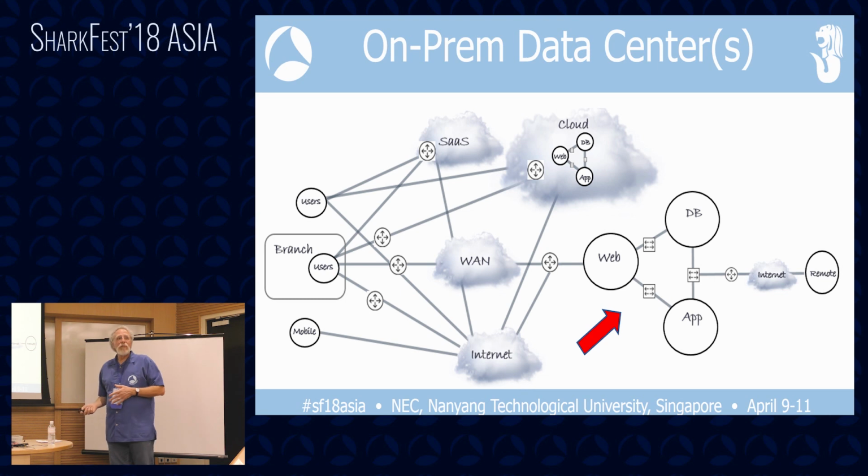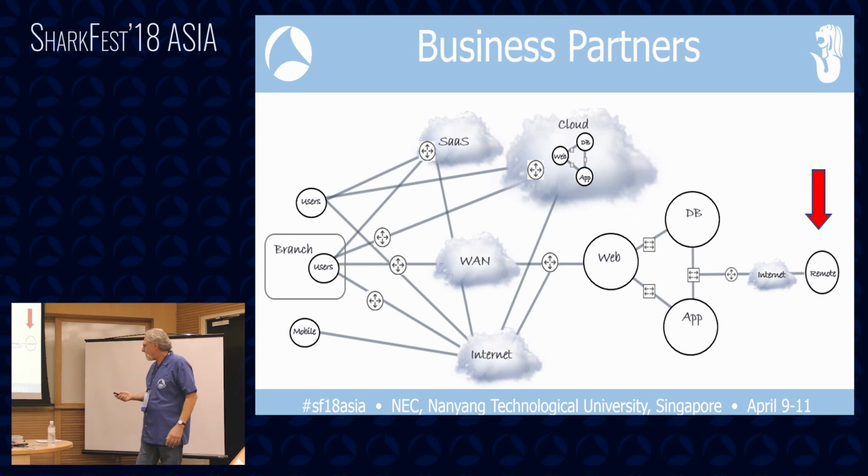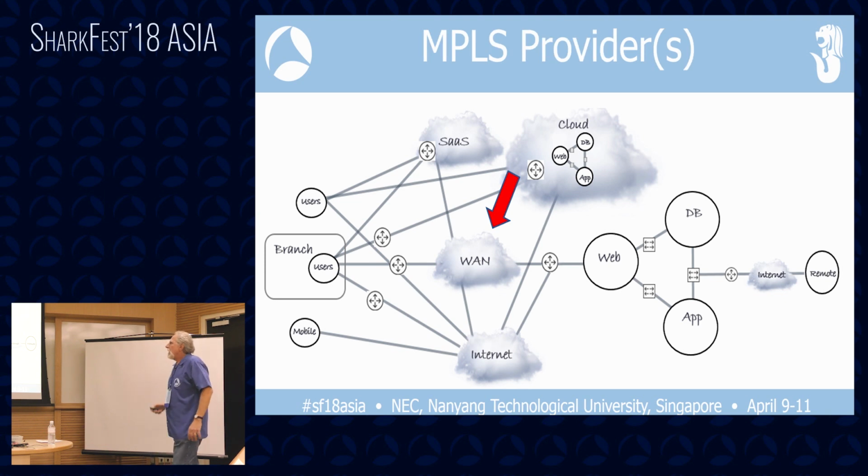Then we have our on-prem data center, the traditional on-prem that we manage. There may be remote partners that we have to interact with that are someplace outside. They may be in a cloud, but they could be in their own data center, but they're remote from us. We've got multiple kinds of network technologies. We've got MPLS. In many cases, large enterprises have multiple MPLS providers.